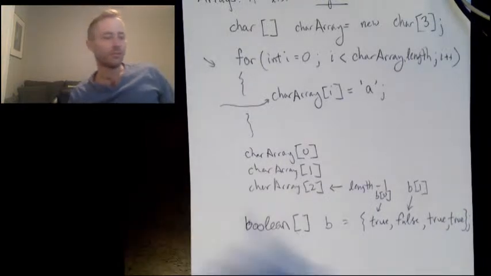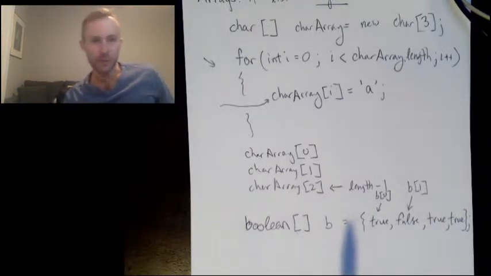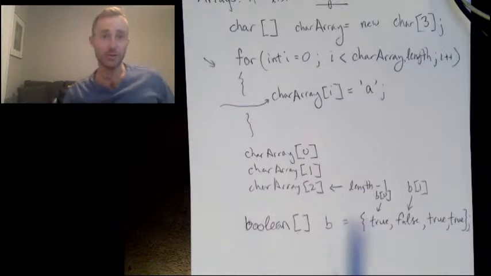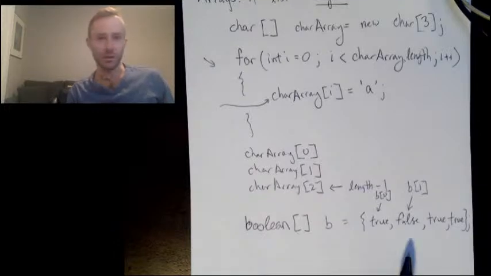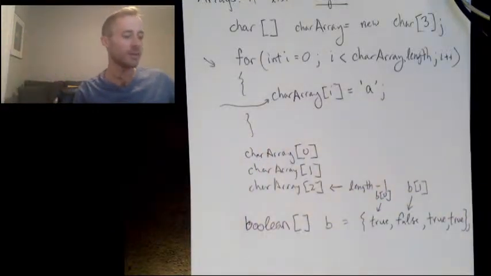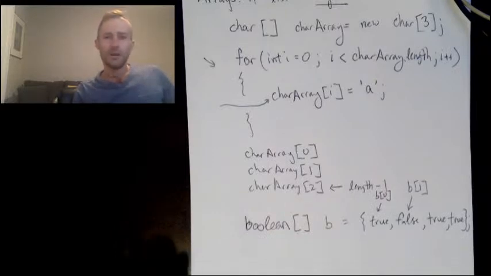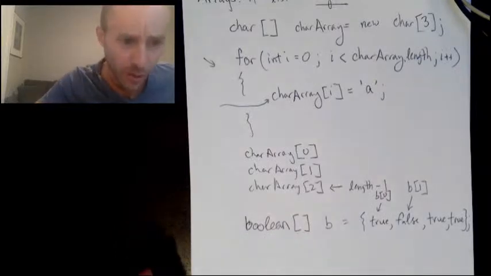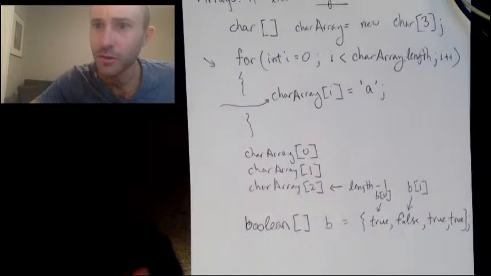This method is really only useful if you have a short array. If you have a huge array that has many elements, then this is just not going to work, obviously, because you have to manually type out each element of the array. Okay, so let's go over to code board and sort of see this in action.